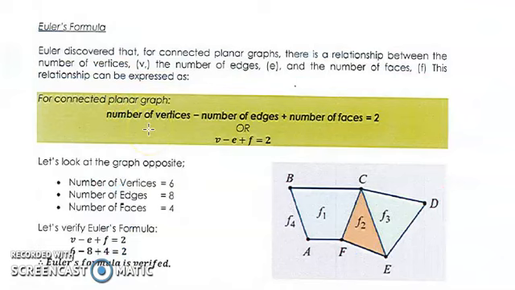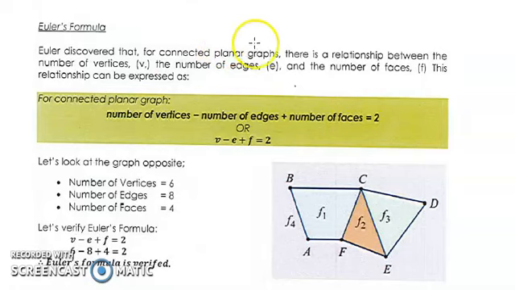Now that we've established planar graphs and how we can count vertices, edges, and faces, we're going to use this information with Euler's formula. Now, Euler discovered that, and there's a big proof behind it, and it takes forever to read, and it's really, really complicated.